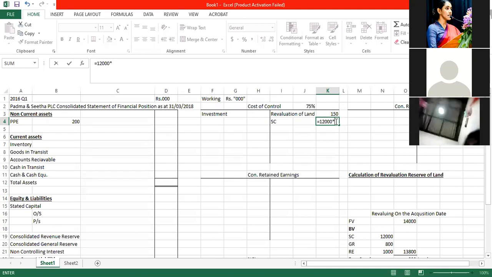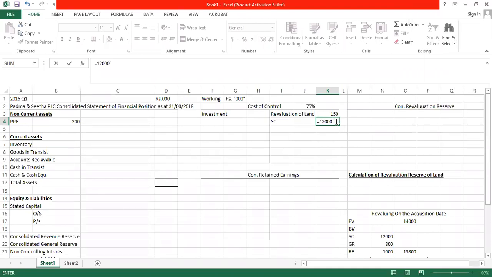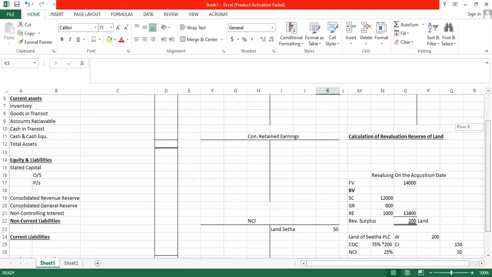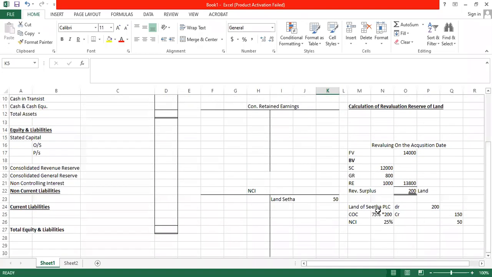So you have to multiply this by 75%. It's 9,000.